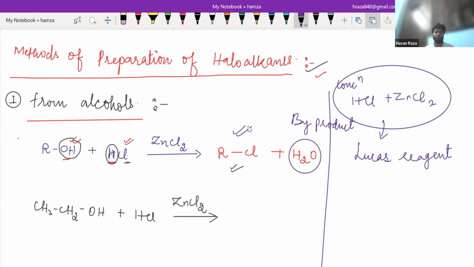And whenever you are going to write the product, write its IUPAC name. That will help in the formation of your basic concepts of IUPAC. It will help you to strengthen your IUPAC names.